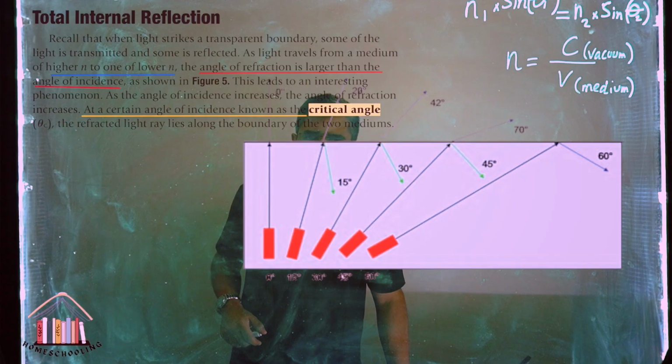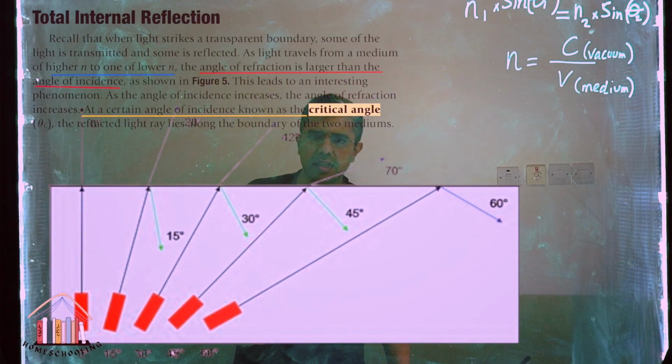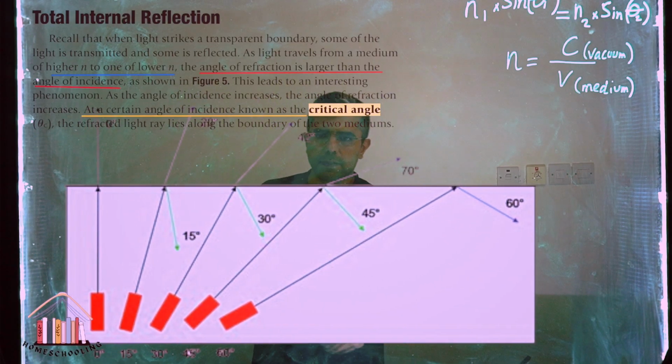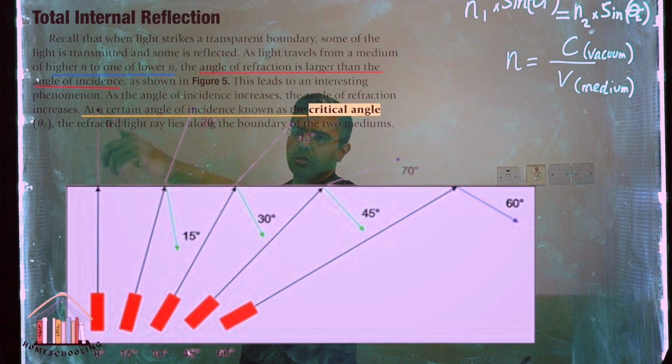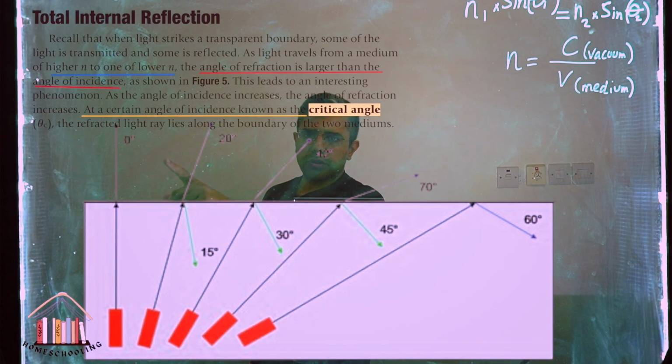At the beginning, in the first case, the angle is 0, so the light continues straight. In the other case, the angle is 15 degrees. It hits the surface and continues at about 25 degrees.